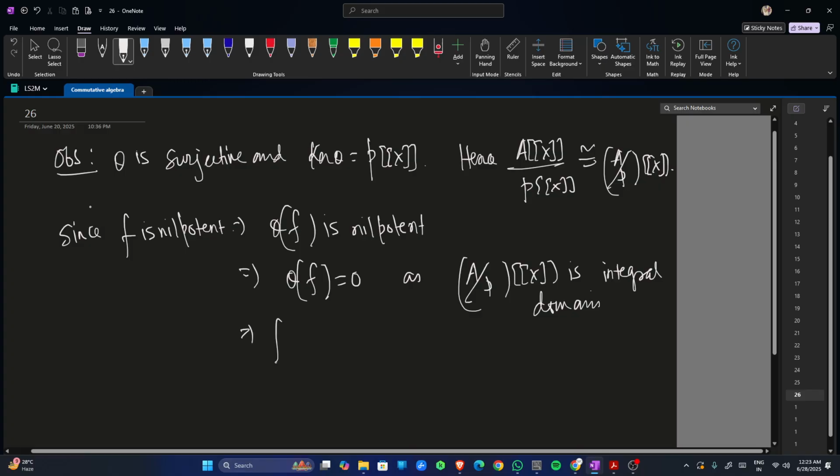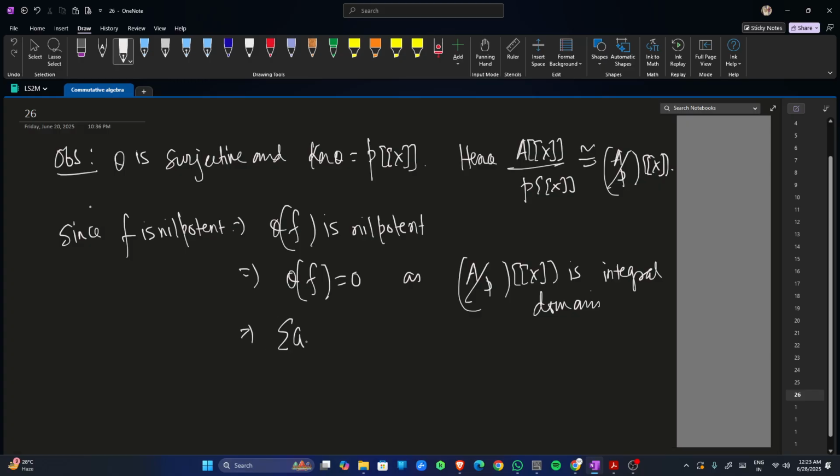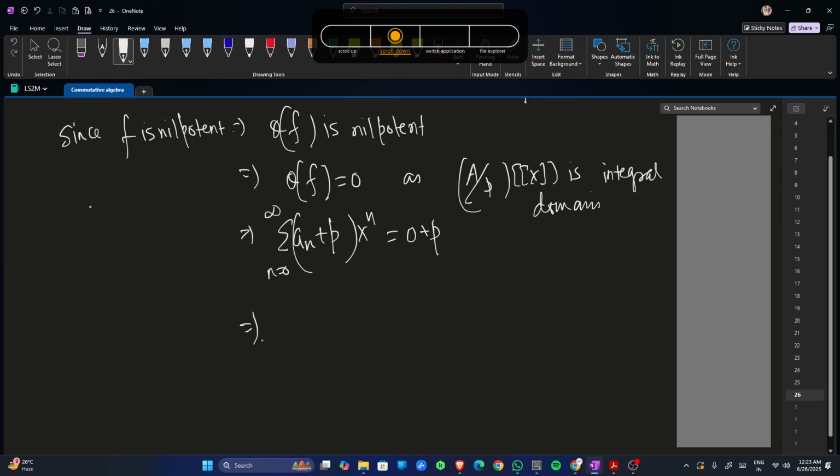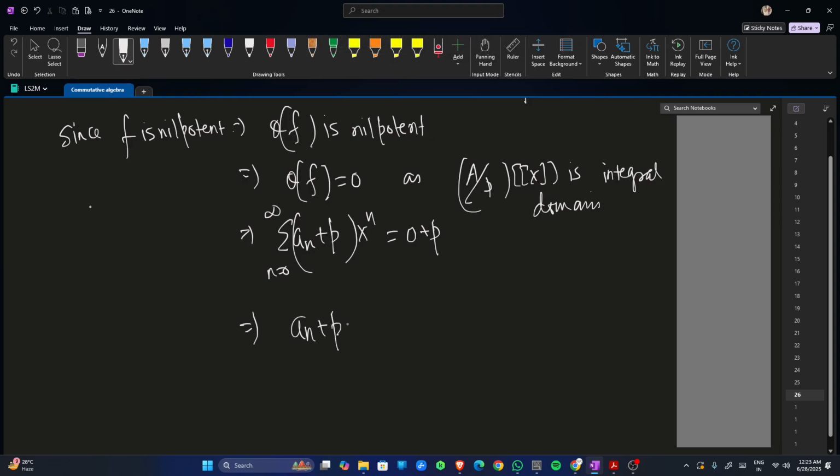It is 0 means summation (a_n + P) x^n equals 0 + P. Now this means a_n + P equal to 0 + P for all n in N union 0.